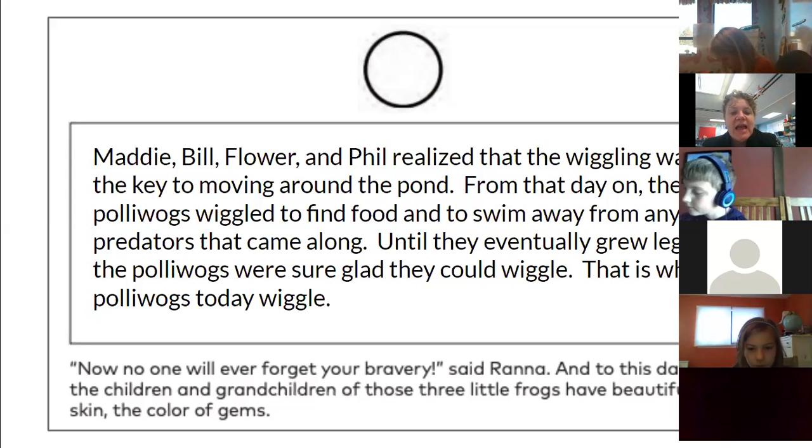And now it gives us the idea of the fact that we have now two possible examples of what the point could look like. The one for the colored frogs, it says, and to this day, the children and grandchildren of those three little frogs have beautiful skin, the color of gems. So that's how they wrapped up that story. This is how we're wrapping up our story.